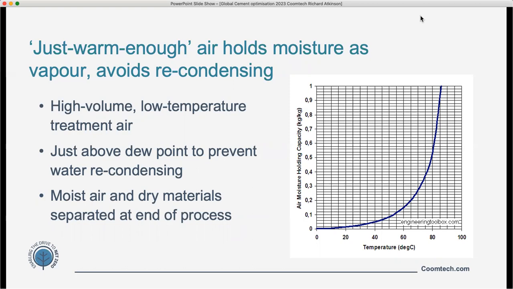That is, the air is kept just warm enough that its carrying capacity for water vapor exceeds the amount of water we want it to hold. As you can see in this graph, the water carrying capacity of air increases exponentially with temperature, but by 80 to 90 degrees centigrade, it is more than enough for our purposes.